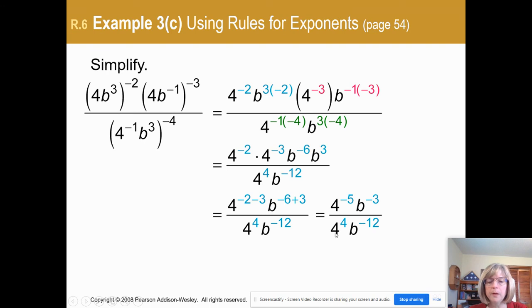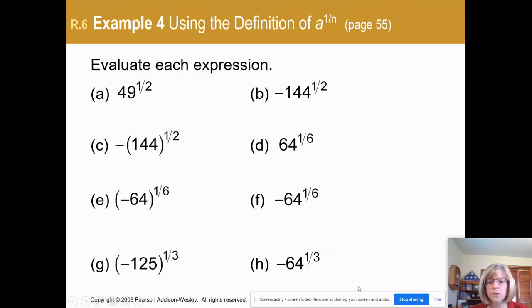Now we will worry about combining like terms, top and bottom. So we'll use the rules of exponents that say take the top exponent and subtract the bottom exponent. So 4 to the negative 9 and b to the positive 9. Don't leave negative exponents in your answer. And we have b to the ninth power over 4 to the ninth power.